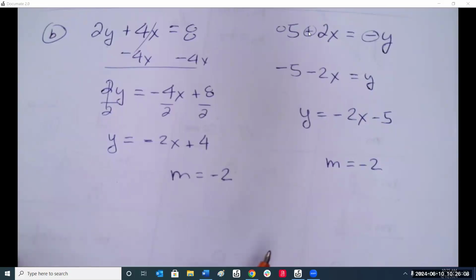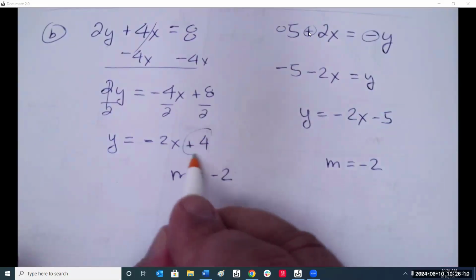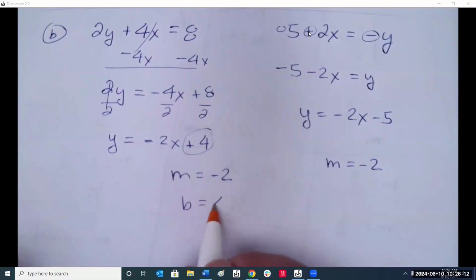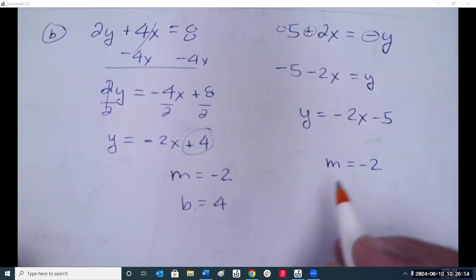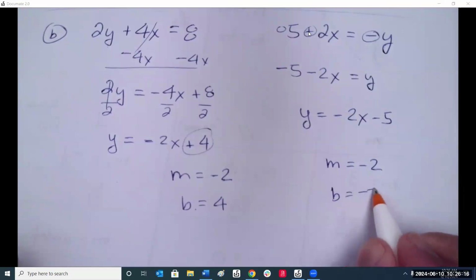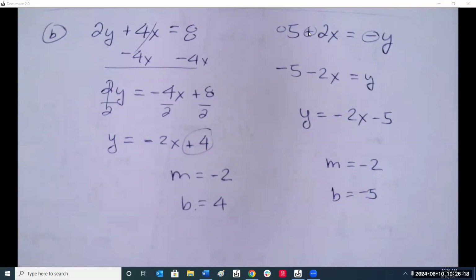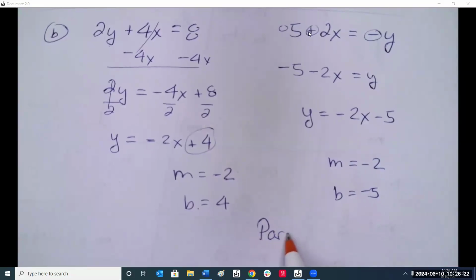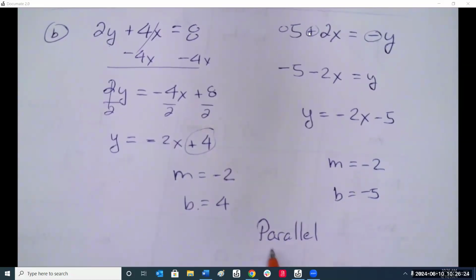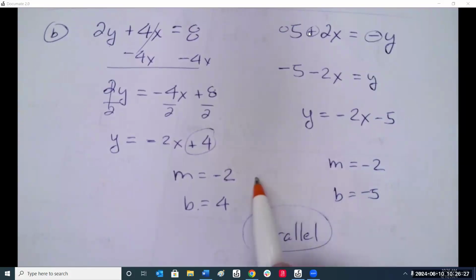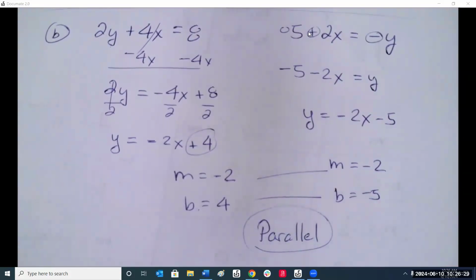It's either parallel or the same line. The b is positive 4 here. The b is negative 5 here. So that means the two lines are parallel. To be parallel, you have to make sure you check both of those. The slopes have to be the same and the y-intercepts have to be different.